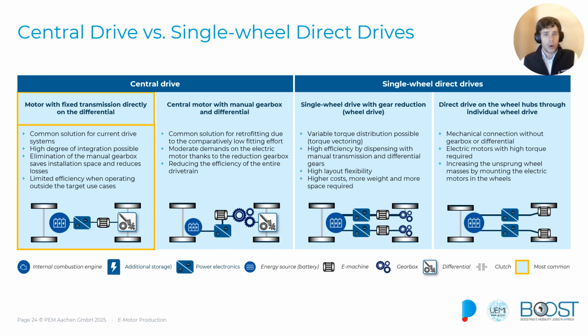The most common one is the central drive without any gearbox. This is given by the possibility to integrate this easily into the old combustion engine platforms of the car manufacturer.